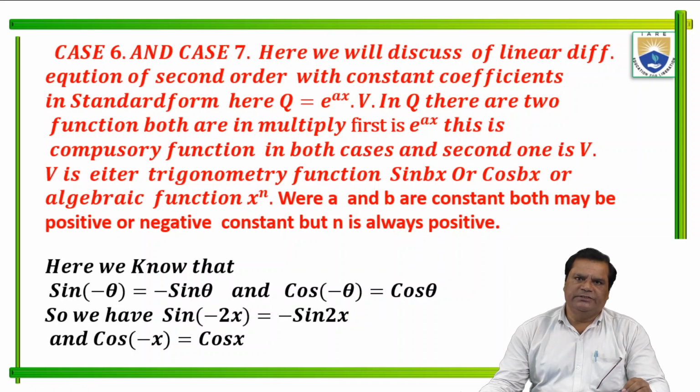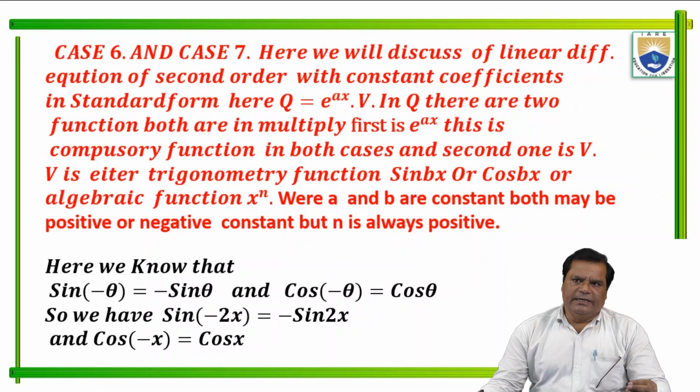And the second one is V. V is either a trigonometrical function, sin bx or cos bx, or an algebraic function, x to the power n, where a and b are constants. Both may be positive or negative. But n is always positive.